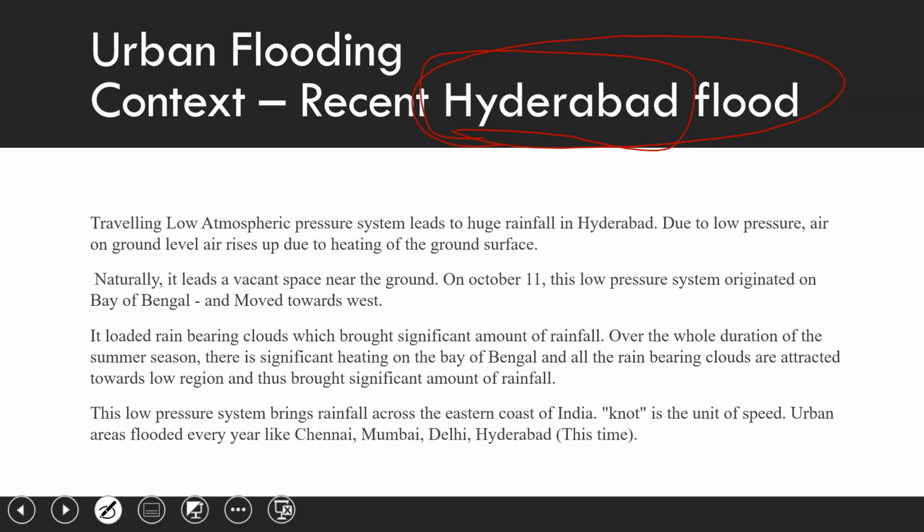So why was Hyderabad flooded? The reason behind the flooding of Hyderabad was the accumulation of low pressure.